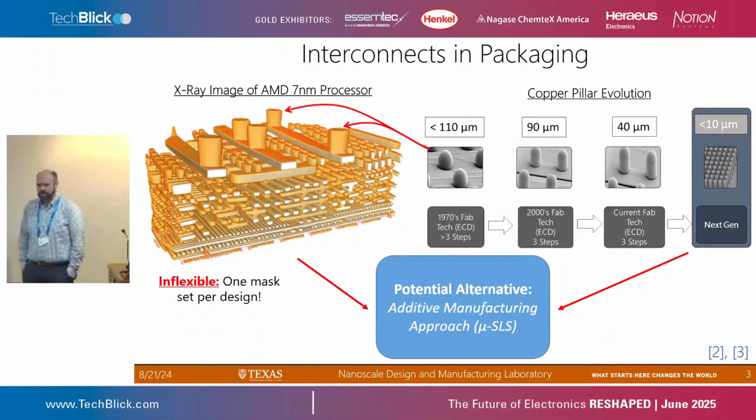And then every time you want to make a change to that design layout, you need to make a new mask. So the idea that we're trying to work on is, if we can build these bumps without having to create new masks every time we want to build a new product, and do that at industrial resolution, so sub 10 micron pillar diameters, to get these for our custom applications.